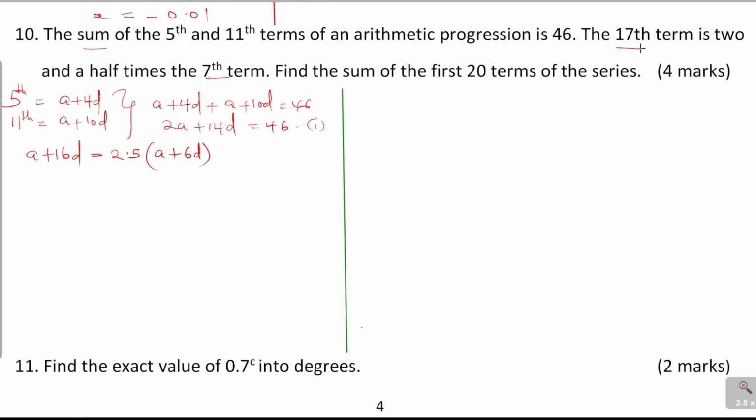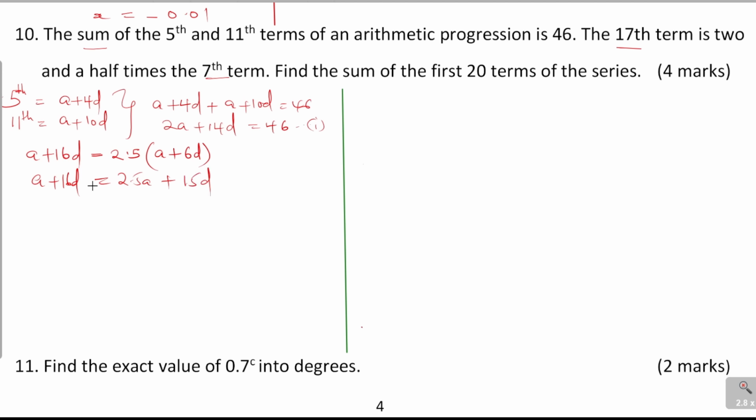So the 17th term, a plus 16d, is equal to 2.5 times the 7th term. So here you shall have another equation. a plus 16d is equal to 2.5a, then 2.5 times 6d, that will give 15d.